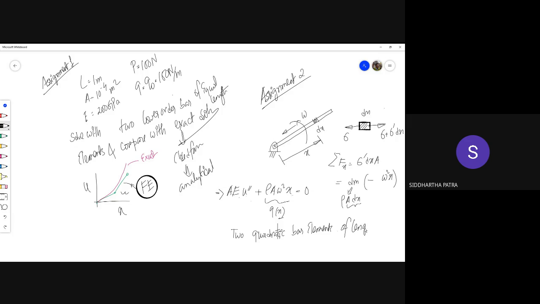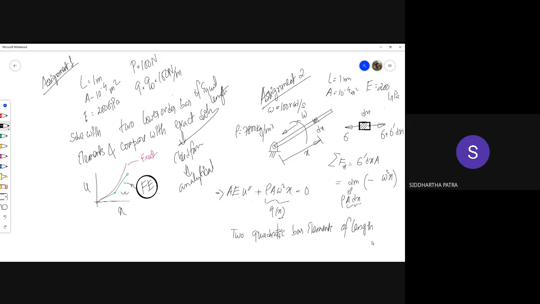Quadratic bar elements of lengths. So divide the length, rather, it could be 100 radian per second.